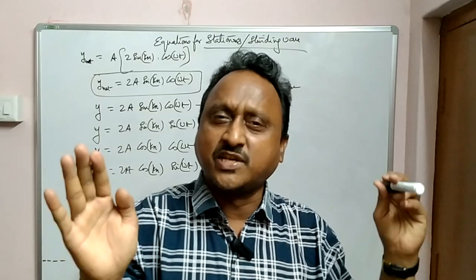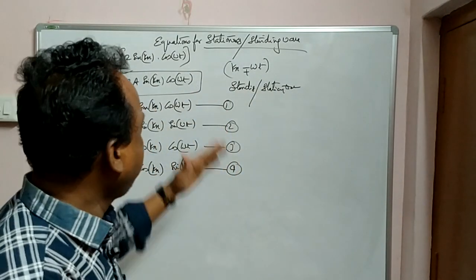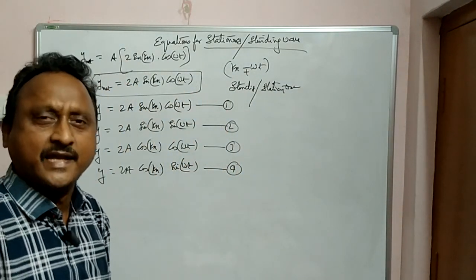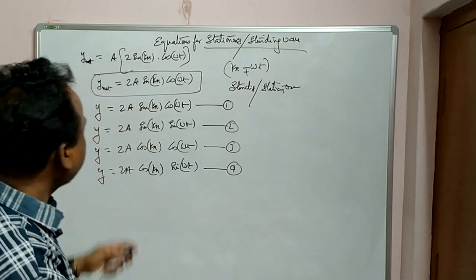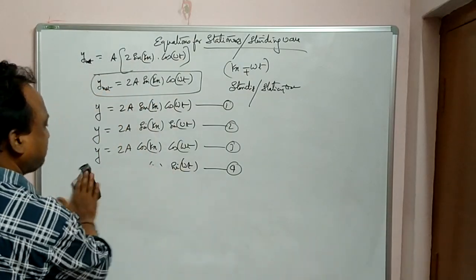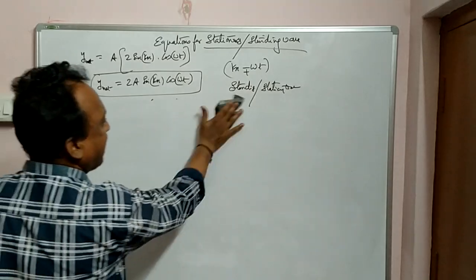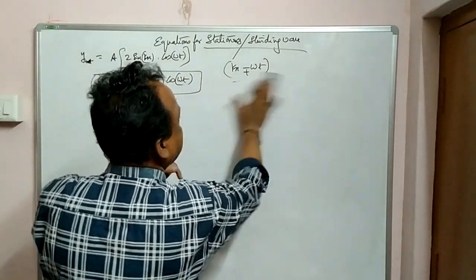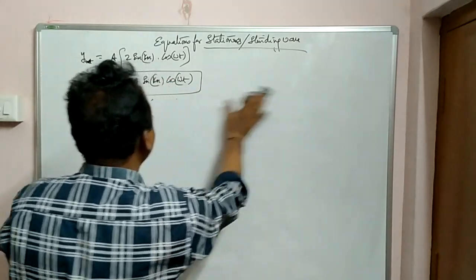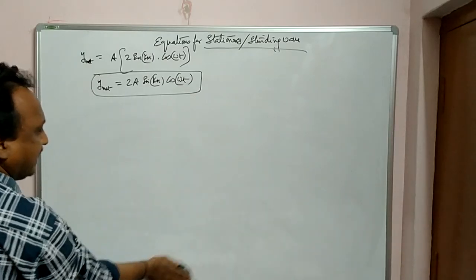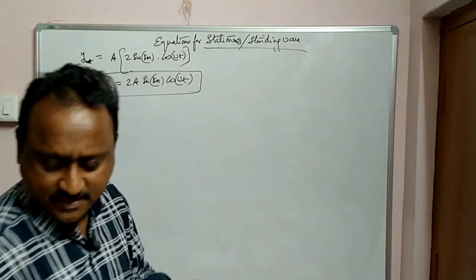These all equations represent your standing wave or stationary wave. Clear? Please note down. Any of the equations is right. And please make a note, these equations don't have kx plus or minus omega t, therefore the wave is not moving. It is stationary.